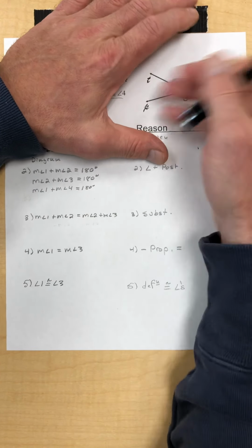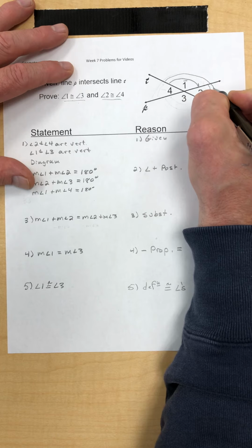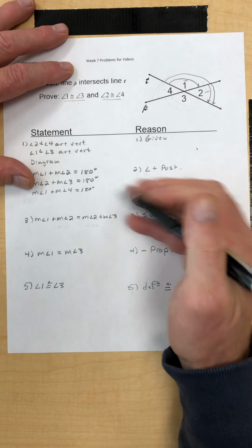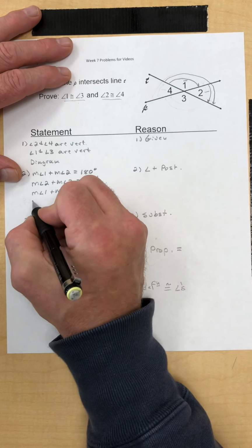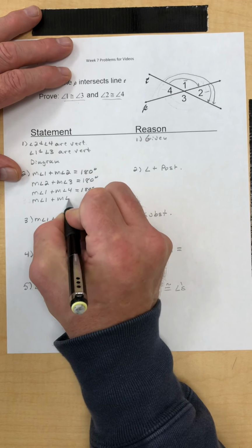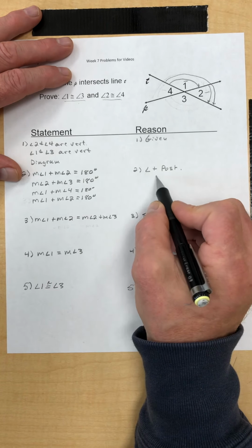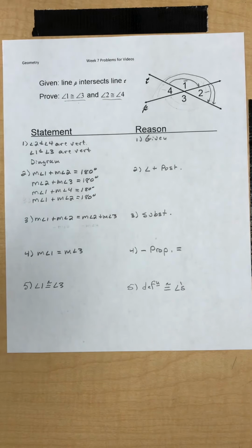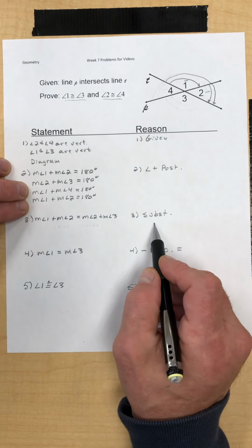Notice that would give me the measure all the way across according to the angle addition postulate, and all the way across is obviously 180 degrees. So I say the measure of angle 1 plus the measure of angle 2 is 180 degrees, because of the angle addition postulate.